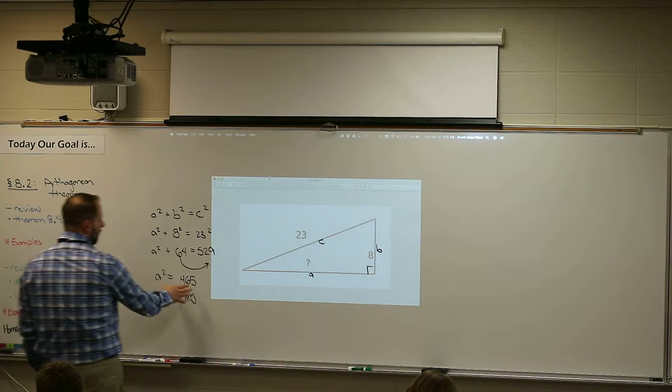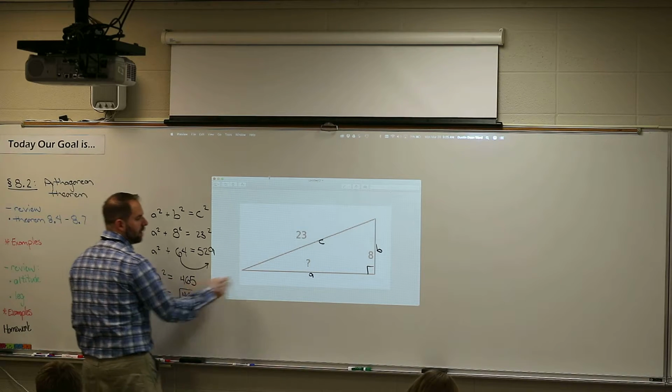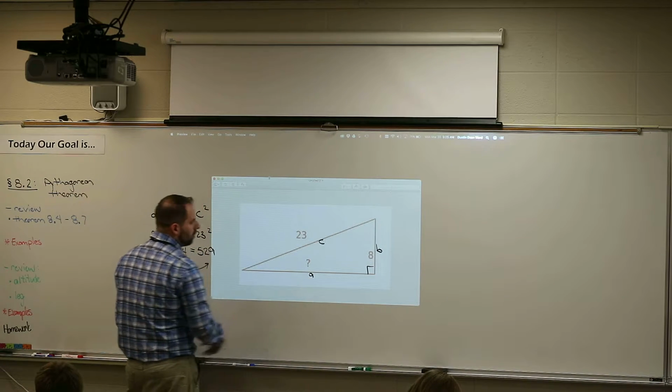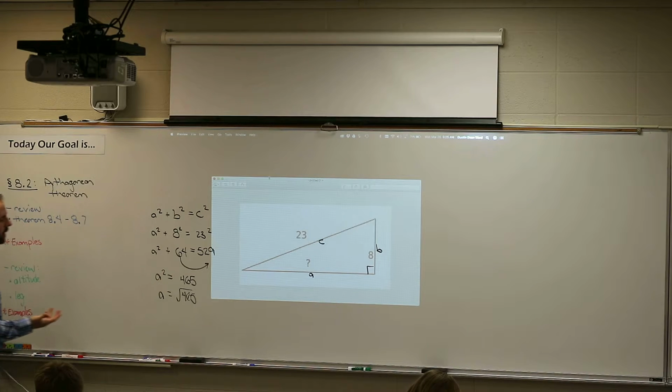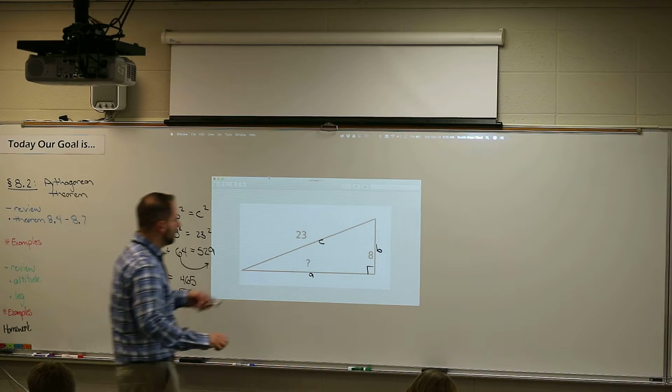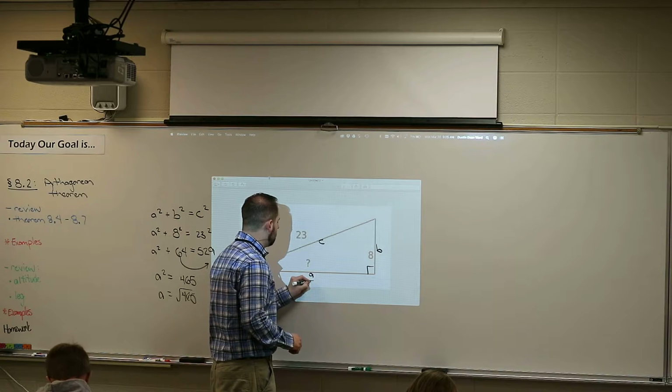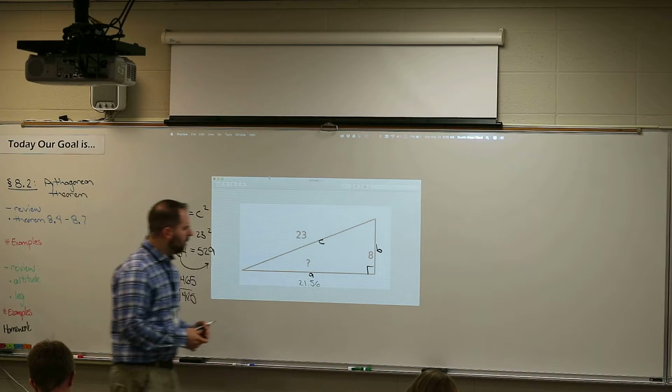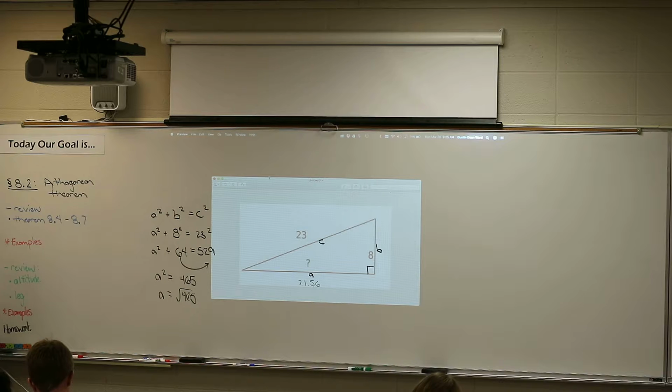Now, whatever this decimal is, that number would go here. That number is definitely less than 23, I can tell you that. It's going to go really close to that. 21.56. There you go, 21.56. And I believe the textbook just says leave it as square root, so you can just leave it as square root of 465.